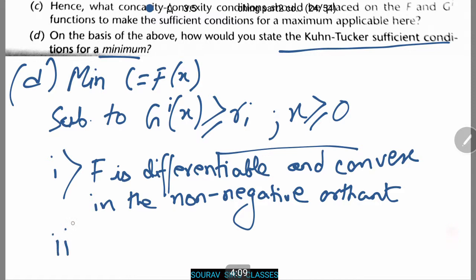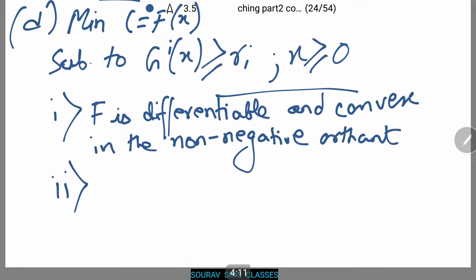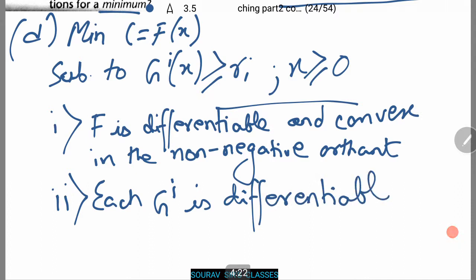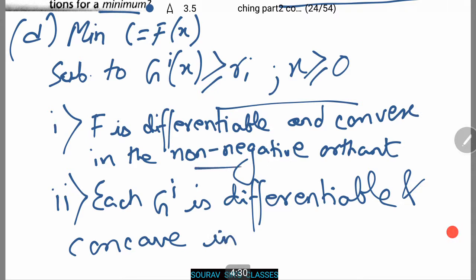Now the second condition that is required is that each g^i is differentiable and concave in the same non-negative orthant.